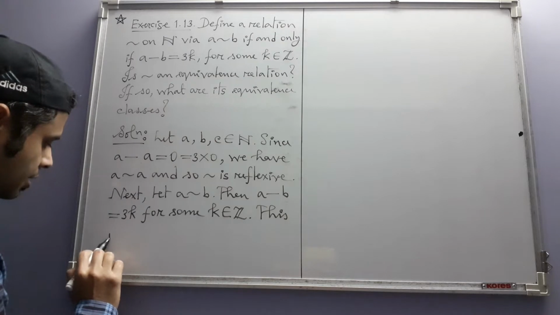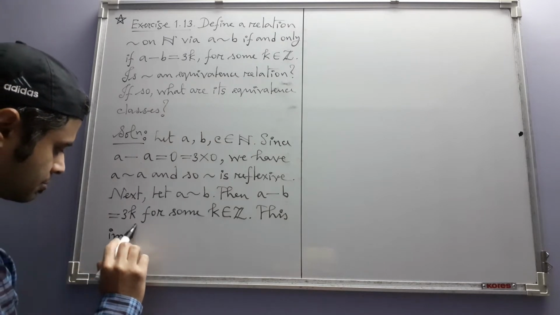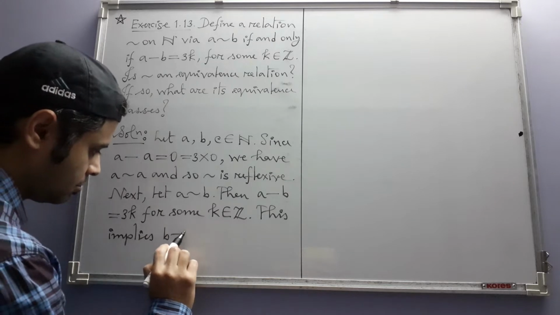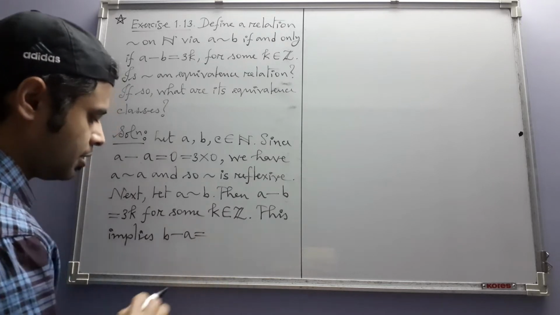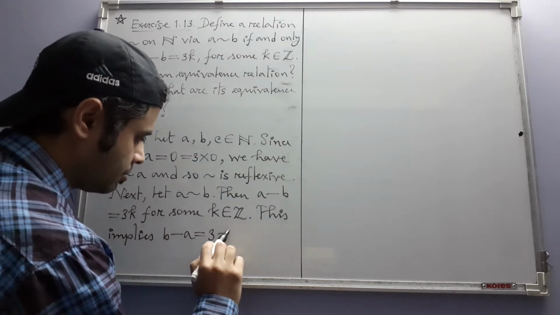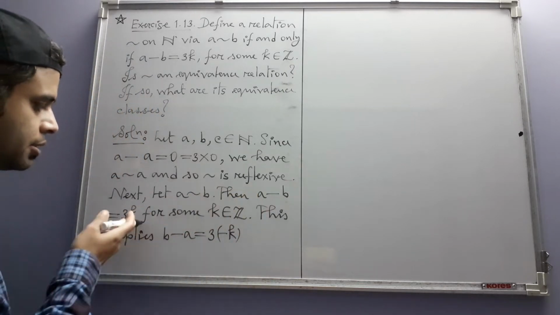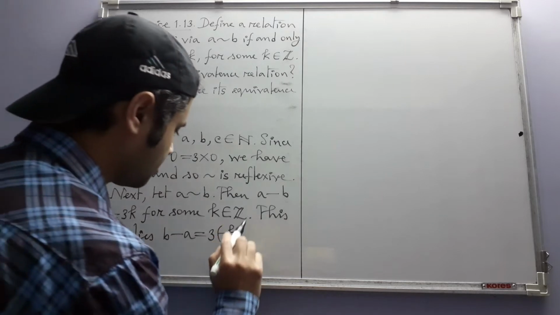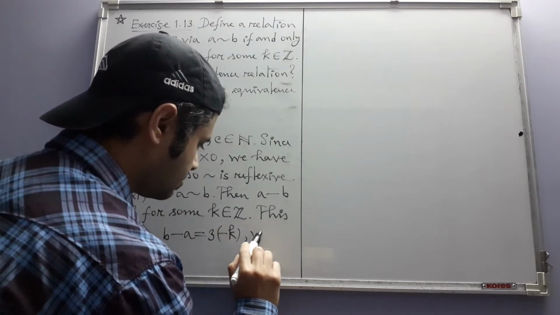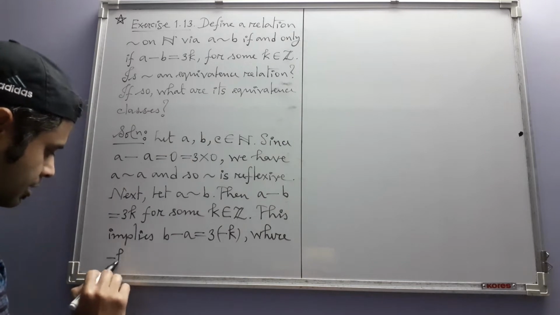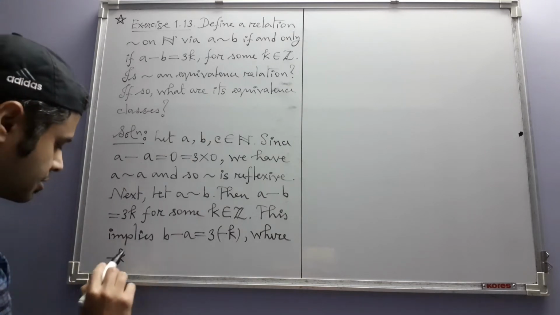Now this implies b minus a is 3 times minus k, multiplying both sides of this equation by minus 1, where because k is an integer, so is minus k.